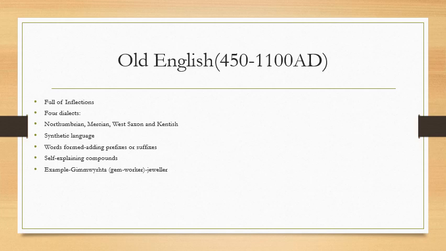Now from gem and worker, we can identify what it means, right? So if we break the word into its components, then we can identify the meaning as well. So those words are called self-explaining compounds. So Old English words were self-explaining.